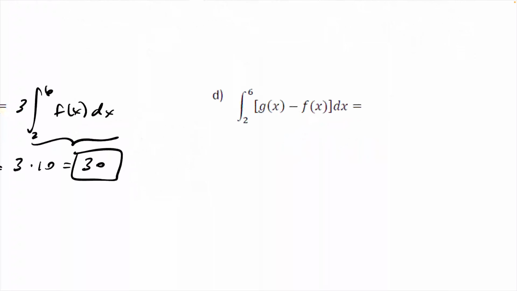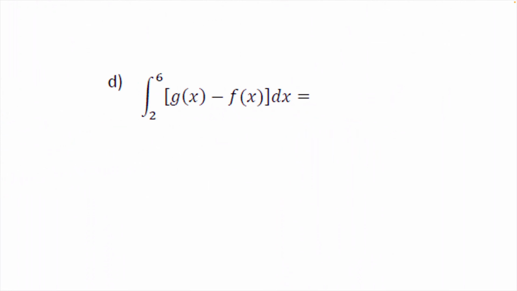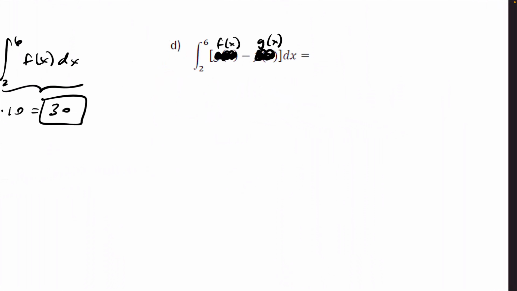Okay, so change this problem a little bit. Change d a little bit. You probably know what I'm going to do. F of x minus g of x, will you get the same answer? Do that one right now.